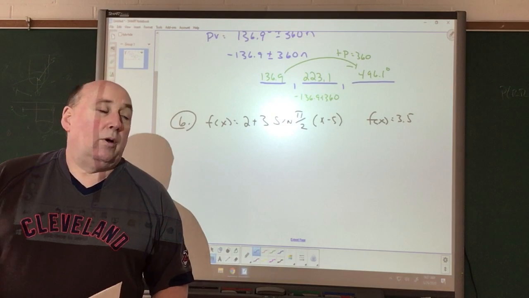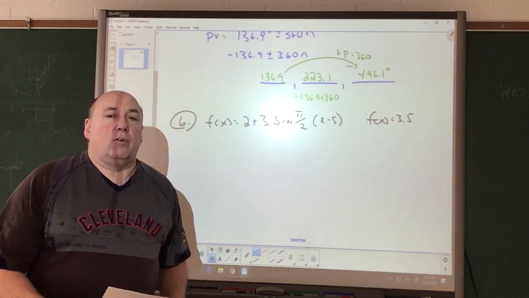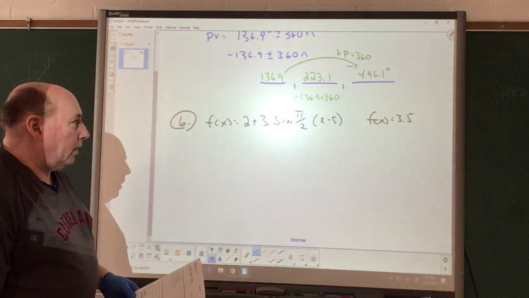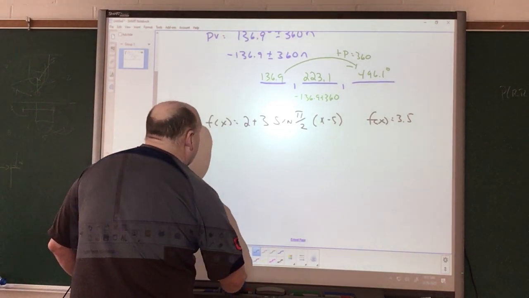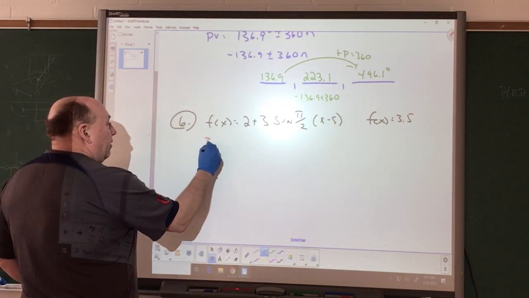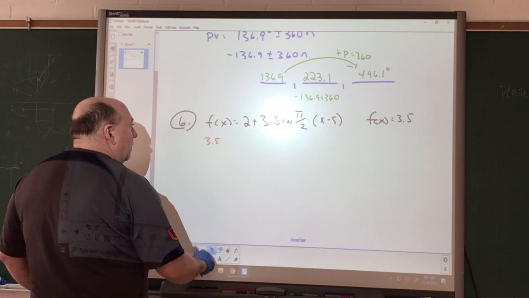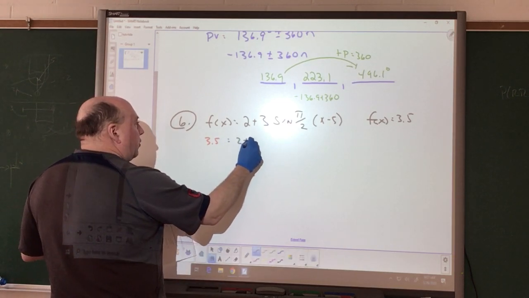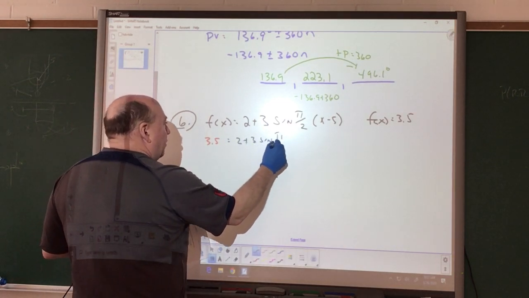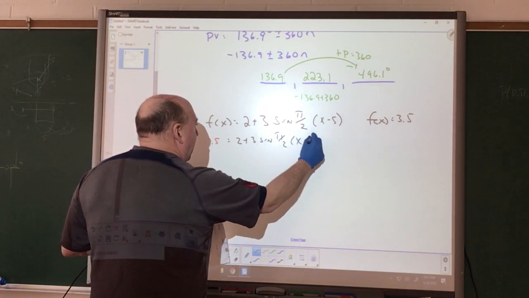So we have one now where we have to sub in for f of x. So subbing in 3.5 is equal to 2 plus 3 sine pi over 2 x minus 5.